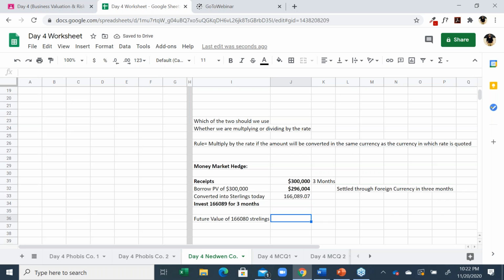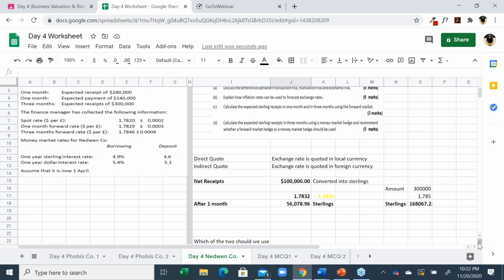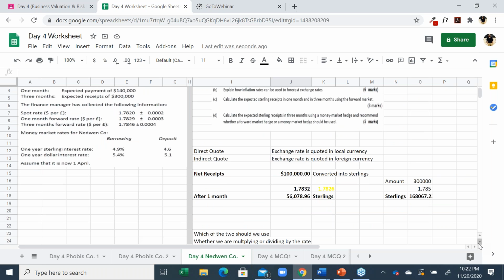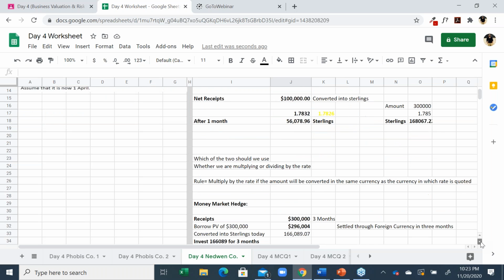Okay. So let's calculate the future value. Now we are investing the sterlings, so we should pick the investment rate of pound sterling. What is the investment rate of pound sterling? The deposit rate of sterling is 4.6% annually, and we need to convert it into quarter.